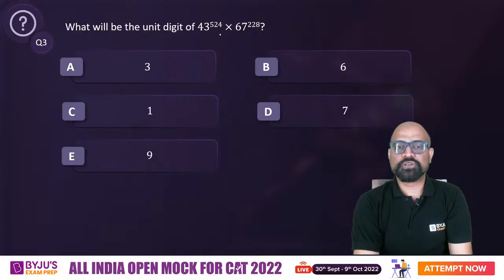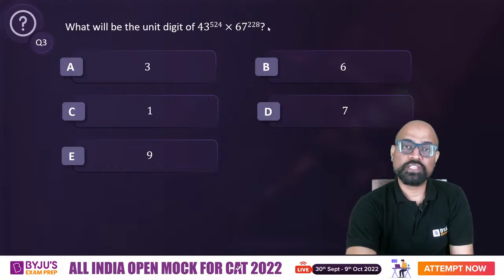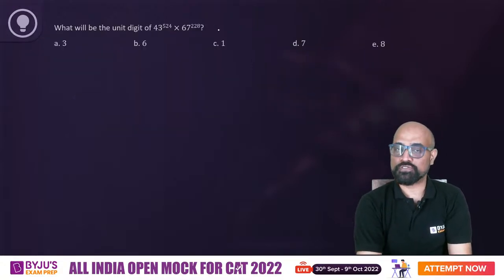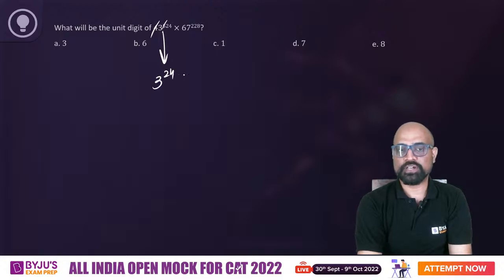Next, what will be the unit digit of 43 to the power 524 into 67 to the power 228? So what do you do with such questions? Whenever you are asked to find the last digit or the unit digit, you simplify the terms first of all. Ignore this 4, ignore this 3. You only have 3 to the power 24 into. Ignore this 6, ignore the 2 from 228 ka hundreds place. You're left with 7 and 28.